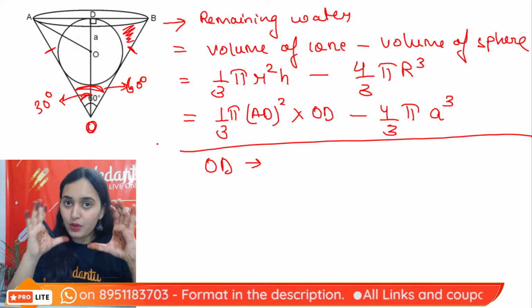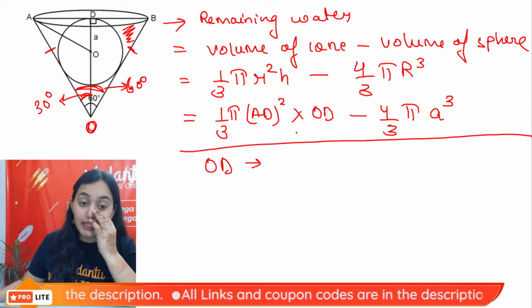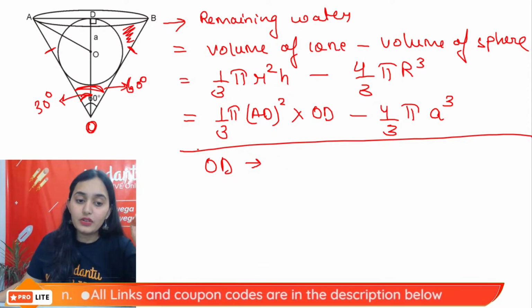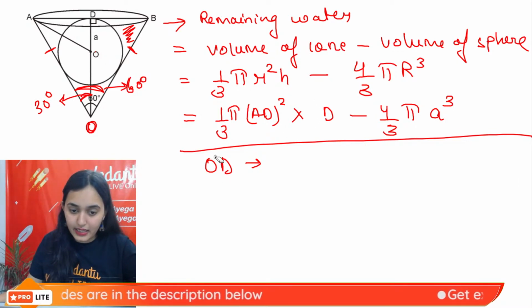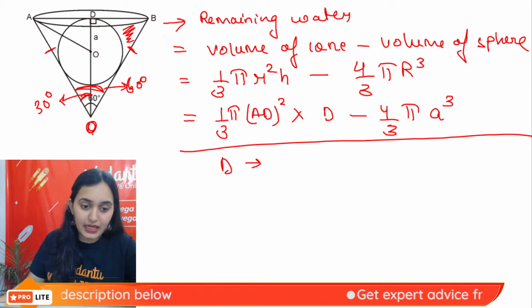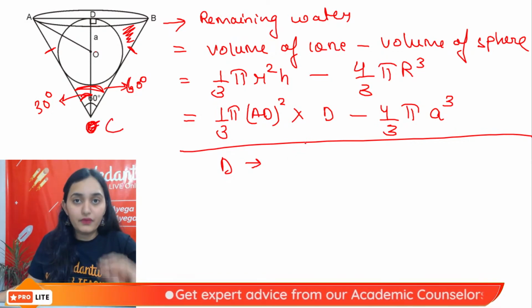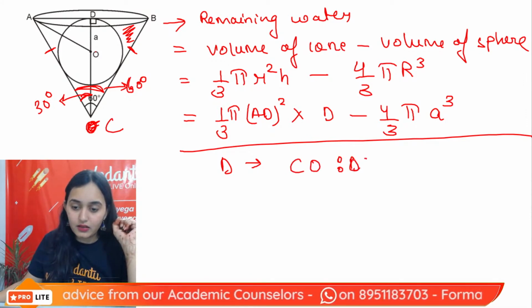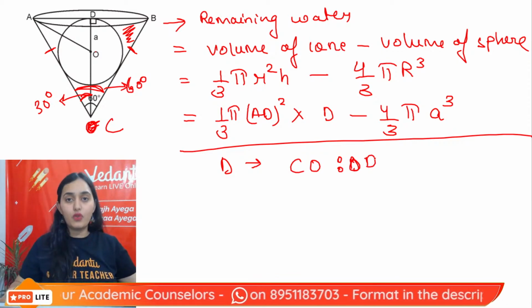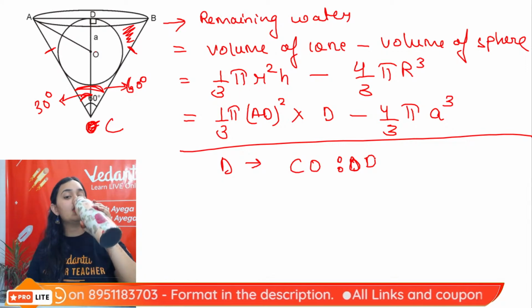So inside equilateral triangle, a circle is inscribed into it. Therefore, we know that, oh, O is already there now. So we can't take O. We have to take some other name. Let it be C. Now, we know that CO is to OD. CO is to OD will be how much?